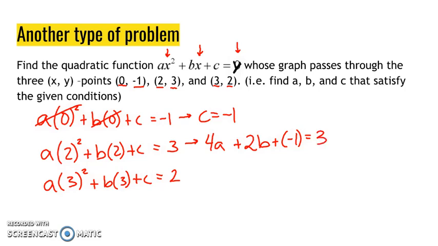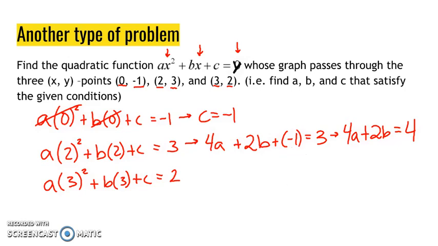So I could simplify this one more time and say that 4a plus 2b equals, I'd have to add 1 to the other side, which would make that a 4. Again, I've got a -1 here.